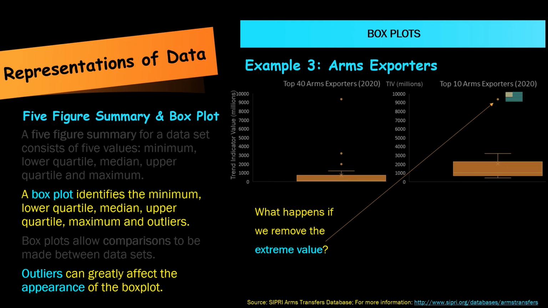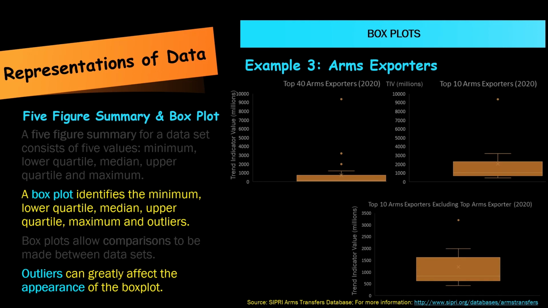What happens if we remove the extreme value in this data set and reproduce the box plot for the next top 10 arms exporters? The box plot is now going to look something like the one you can see towards the bottom of your screen.